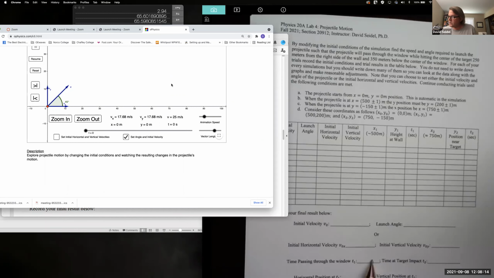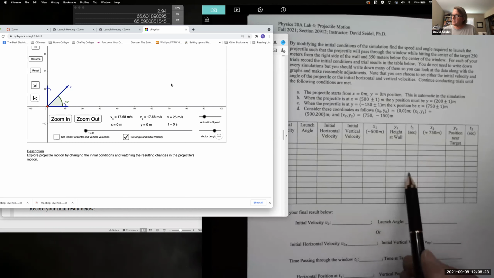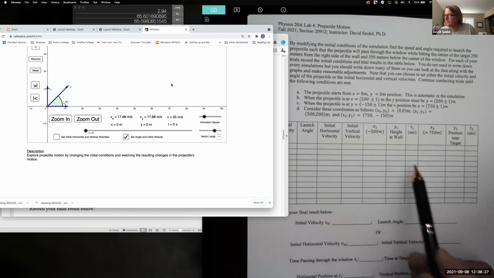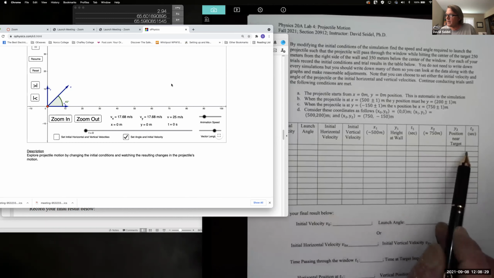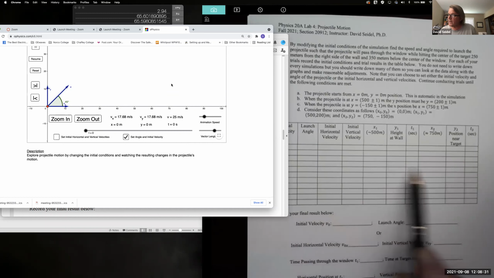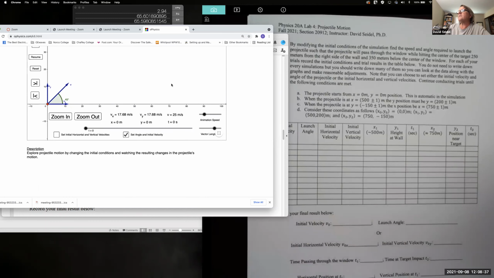I want you to make sure you write down the time at the window and the time at the target impact. Give me a spot to write each time down. I'm not so worried that you fill in time for each one of your intermediate ones, only when you get to your final one that you say is the correct answer. And you need to have more than one filled out because I won't believe it otherwise.